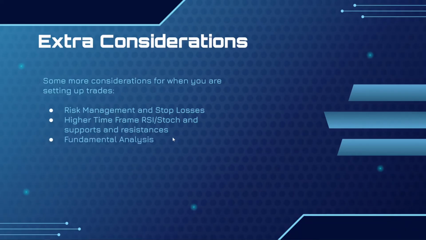The next consideration is fundamental analysis, because sometimes the news can actually play a pretty major part in what happens with the price. Now, when I cover some of the other strategies, these should be considered, because when the trades are a little bit lower in probability, things like fundamental analysis can change how price will move.